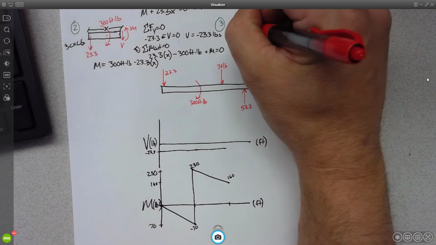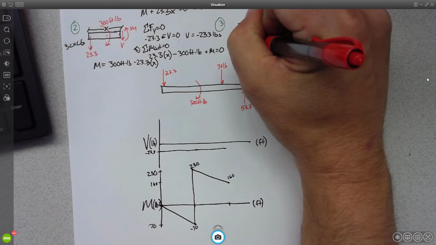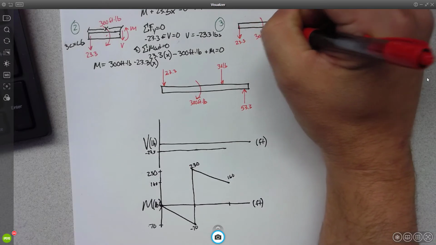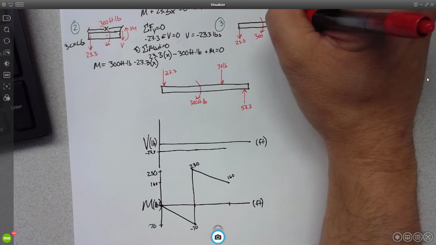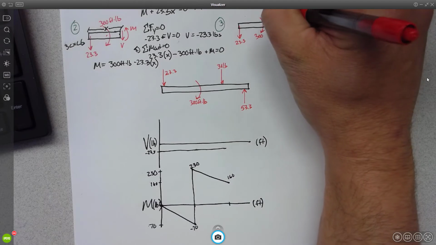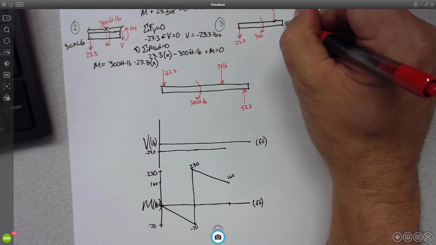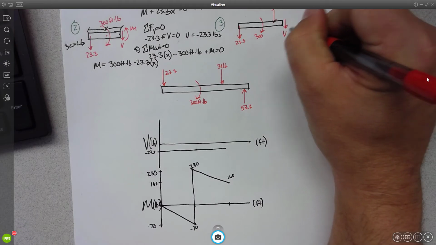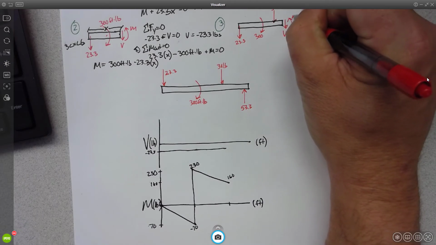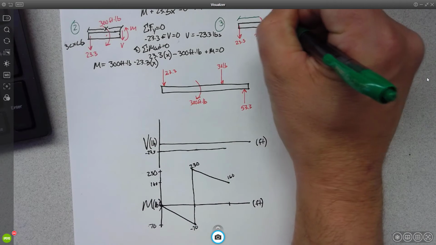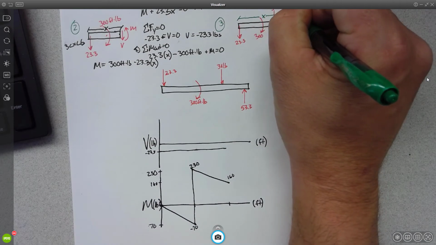So the last region, I've got 23.3 down. I have 300 foot-pounds of twisty, and I have 30 pounds down. I'll have my shear and my bending moment, and the cut is still at x.